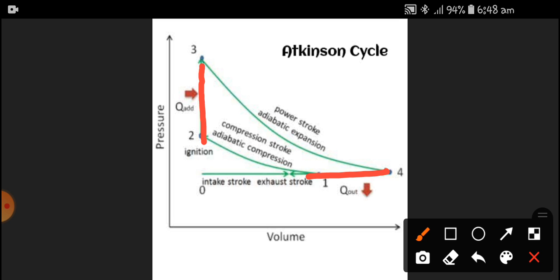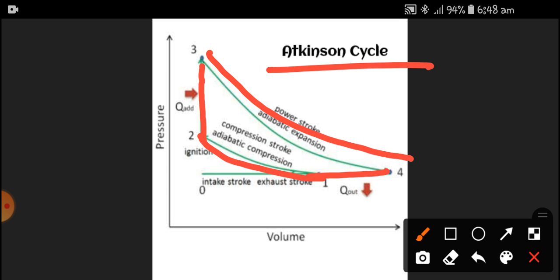Nowadays, modern heat engines and variable valve timing engines are using this Atkinson cycle, where the compression process is less than the expansion process. The expansion process is extended to change the constant volume rejection to constant pressure rejection. So this is the special case in the Atkinson cycle.